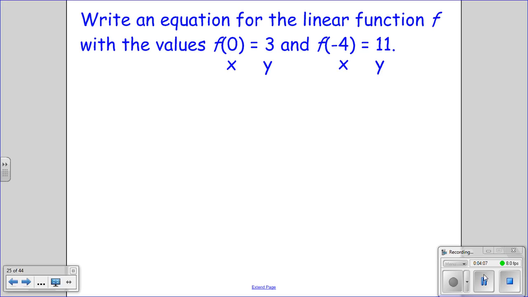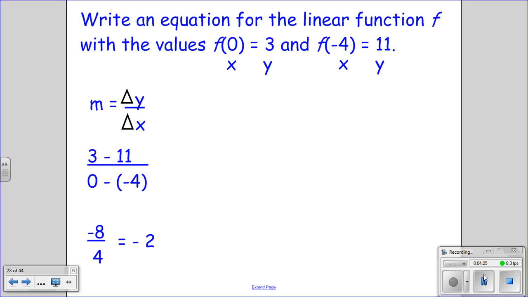So we know our 0 and our -4 are x, 3 and 11 are our y's. We need to find our slope first. That means we need to have our change in y over our change in x. So let's subtract 3 minus 11 over 0 minus -4. That gives us -8/4, which is equal to -2. So our slope for this function is -2.